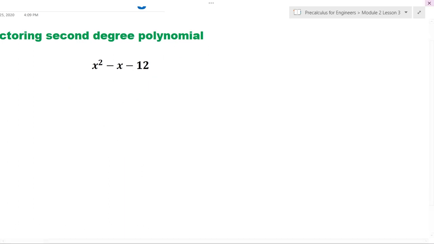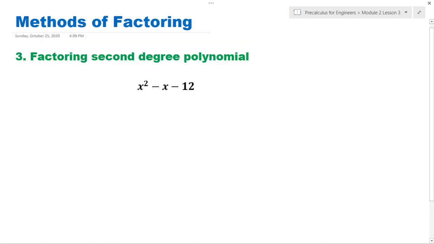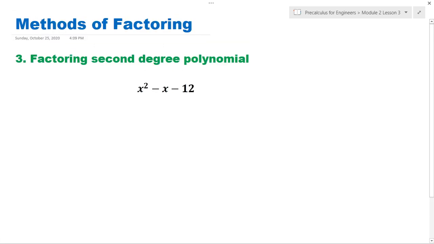How about we are given this? We have x squared minus x minus 12. So again, let's find a factor of negative 12 this time, class. Take note, negative 12. So, what are these? We can have negative 12 and 1, or 1 and negative 12.